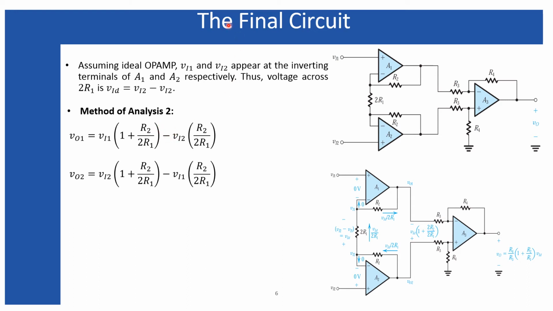Similarly, for V02, operational amplifier A2, we have the Vi2 voltage applied directly to its non-inverting terminal, and Vi1 voltage applied to its inverting terminal through these two R1. By following the previous steps, we can have the expression for V02 as shown over here.